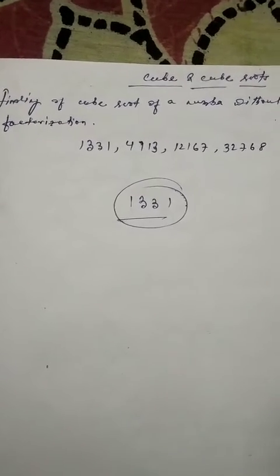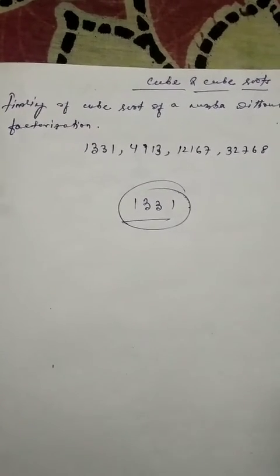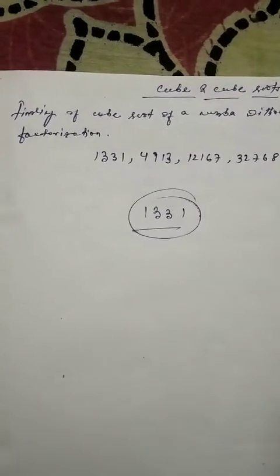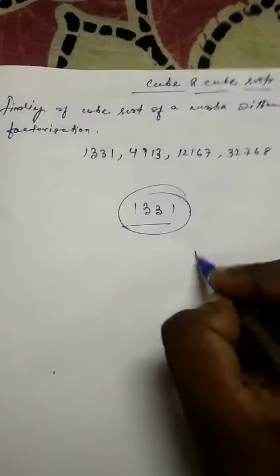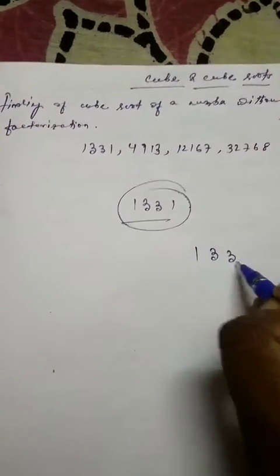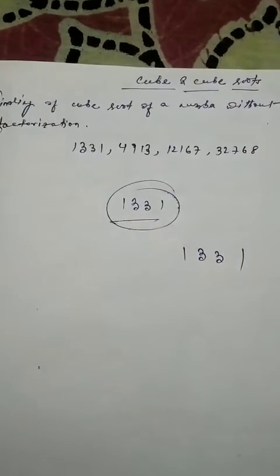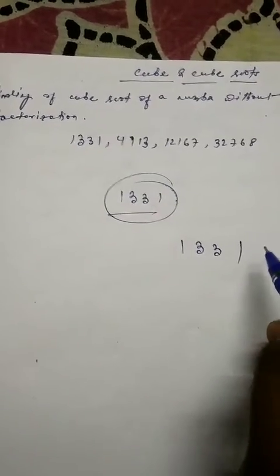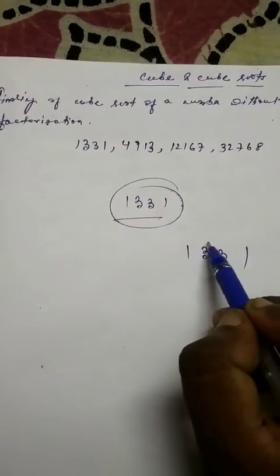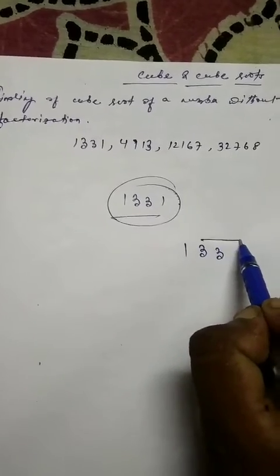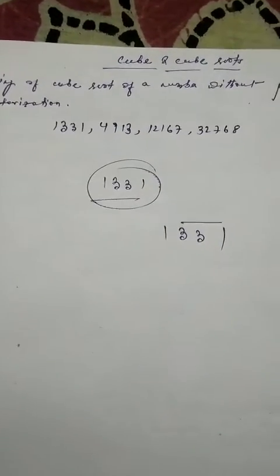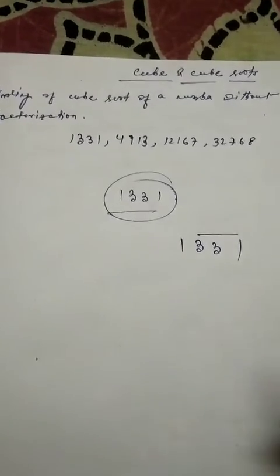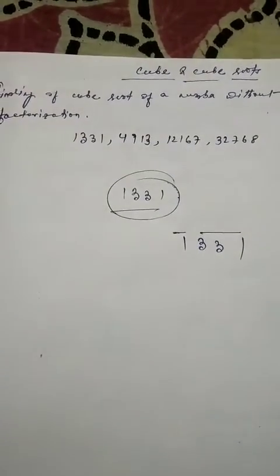Children, I'm requesting all of you to understand and listen very carefully. I'm writing the number 1331. First, I'll make groups of 3 digits from the rightmost side. So the first group of 3 digits is this one, and in the next group, 1 is left over. So that's my second group.